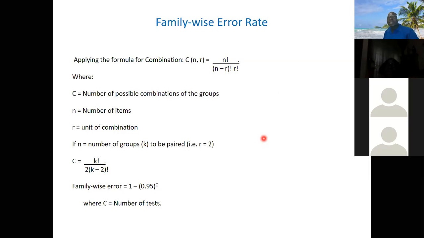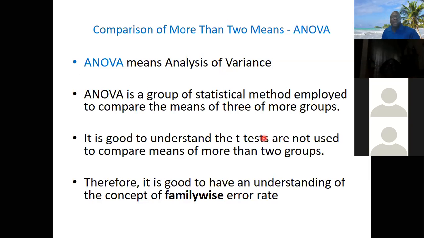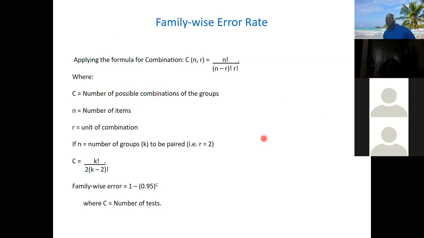You can accommodate that. But what is happening here is that whenever you are doing many tests, it is believed that there's a chance that at least 1 or 2 will be significant, even though in real life it's not supposed to be significant.